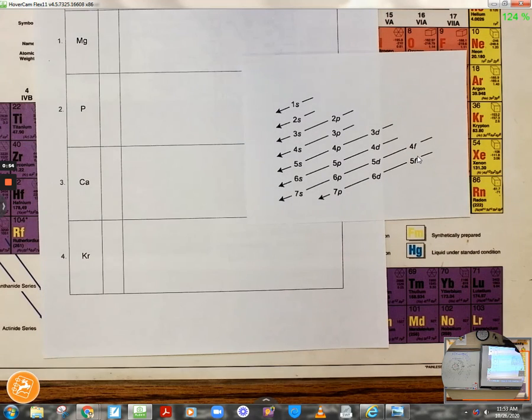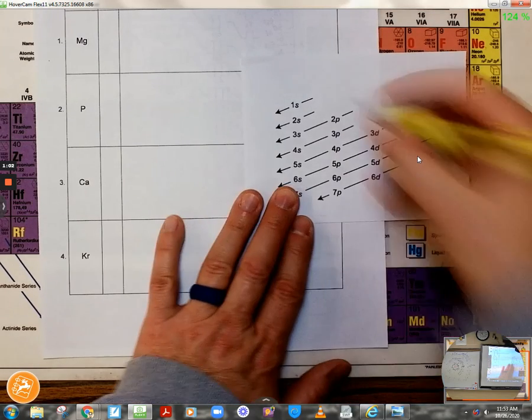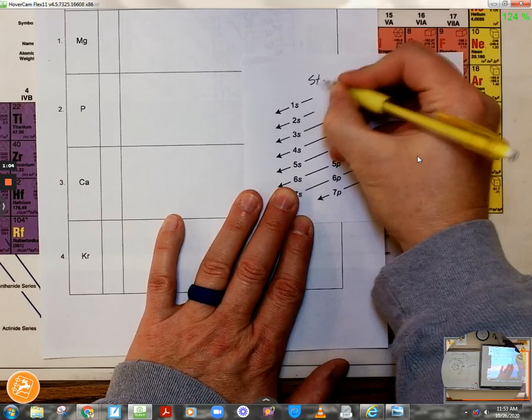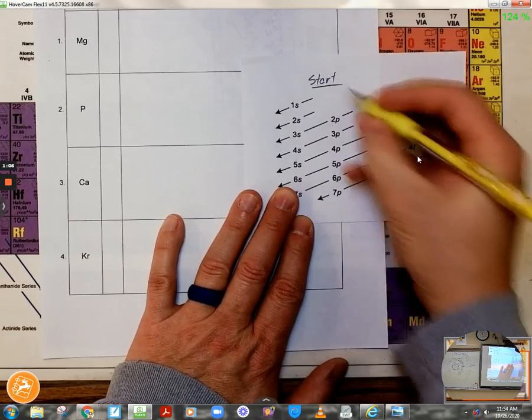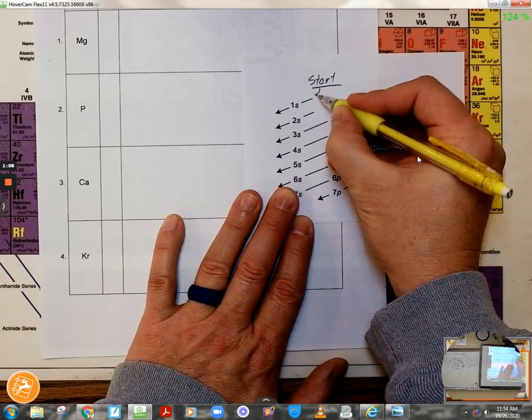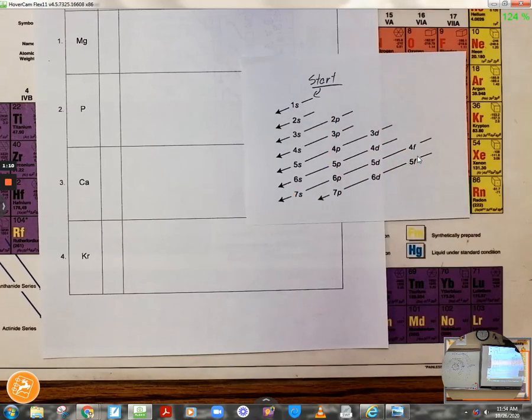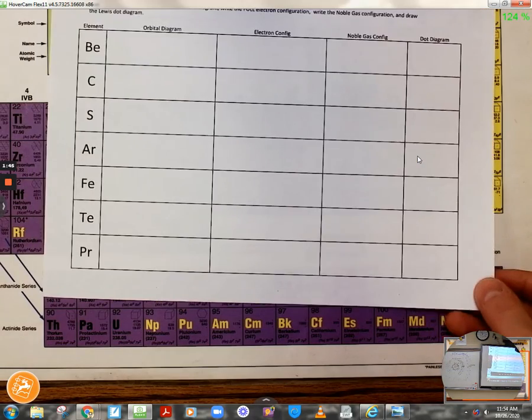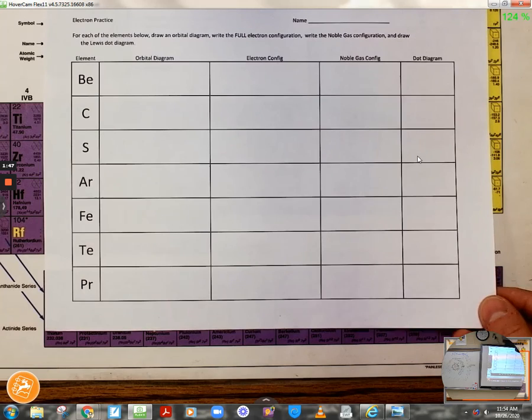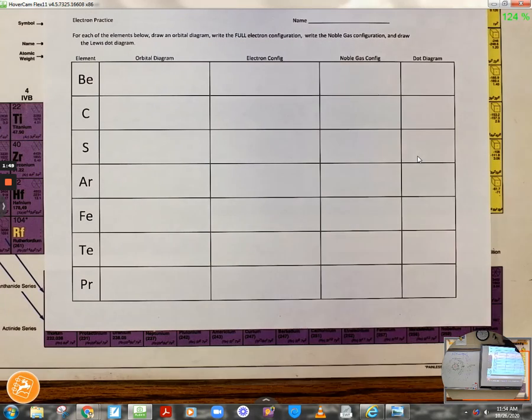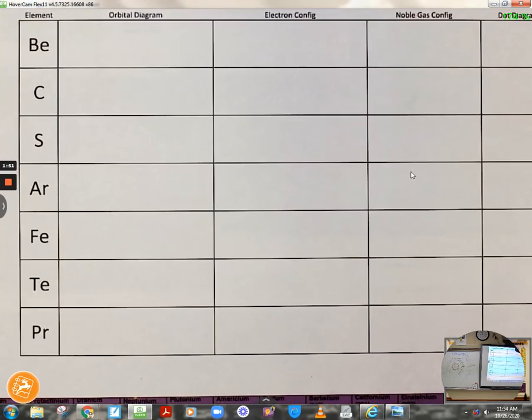And I'd like you to make a small note at the top of that. Basically, that note consists of the word start. So we're going to start right here. I'm going to work some examples of what we're talking about, and then we'll take a look at some of the ones that you have.